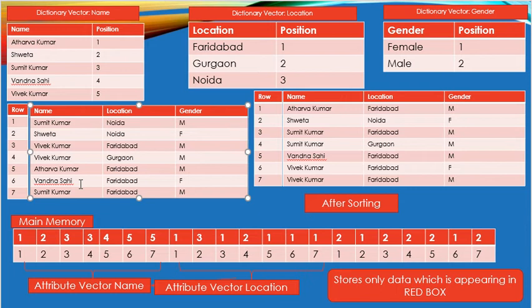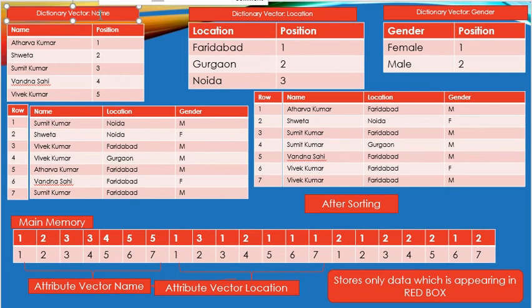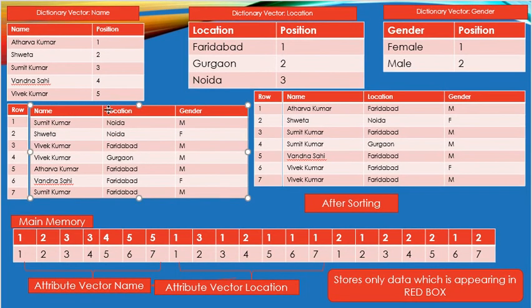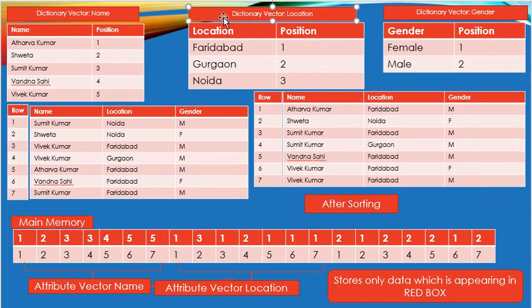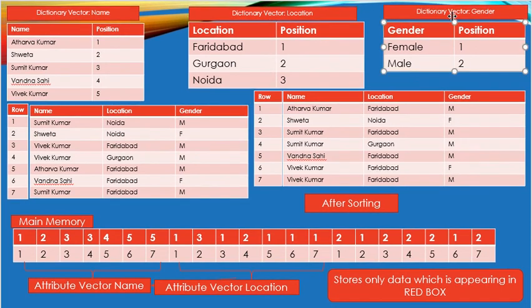So how the dictionary vector gets created, and how encoding works for the dictionary vector, how data gets converted. I shared that for every column it creates one dictionary vector. You can see the dictionary vector for name, location, and gender, and it stores only identical records in a sorted format, and their position in the dictionary vector.